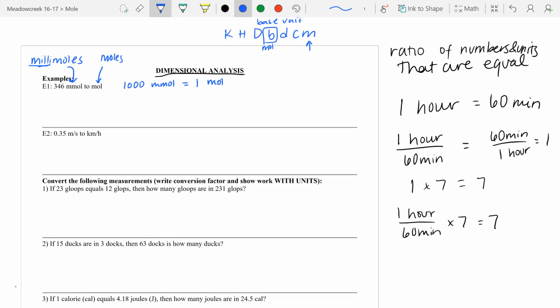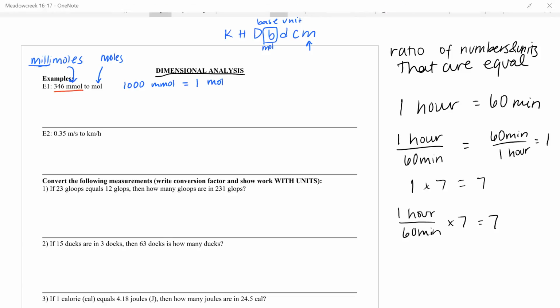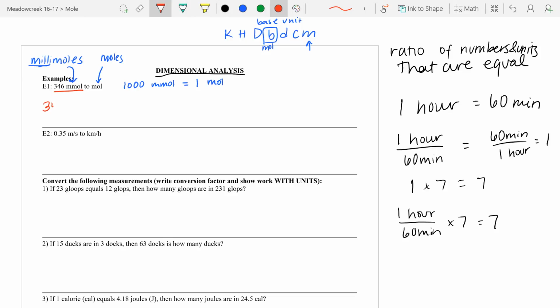So what we'll start off with is we always start by putting the number that's given to us in the left-hand corner of our work. So 346 millimoles. And then we're going to draw a horizontal line here and a vertical line that will separate it from our conversion factor. So we have what is given to us here, and we're going to write our conversion factor in the next space.